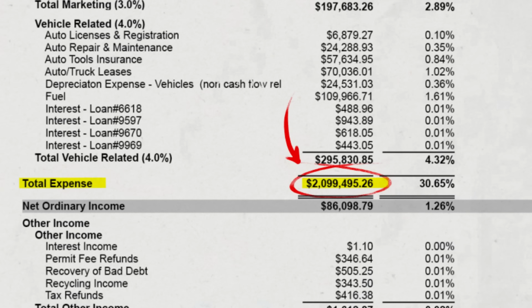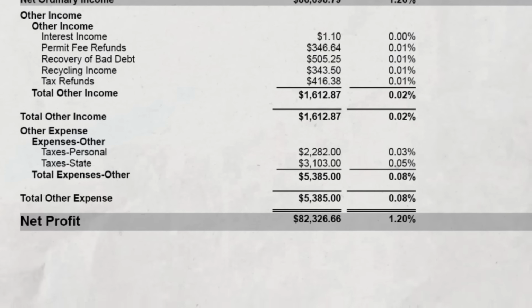If you have any money left over, we call that net profit before taxes. And this company, a real company, has a net profit of 1.2%. That may not sound very great, but that is fairly normal for our industry. The average is around 2.45%. So this is somewhat typical.